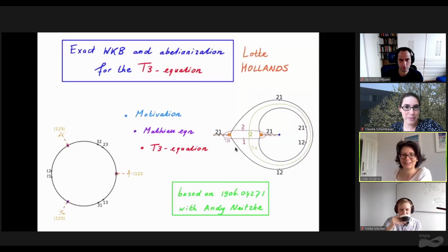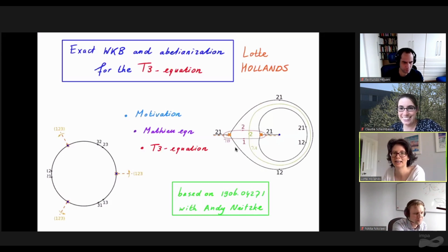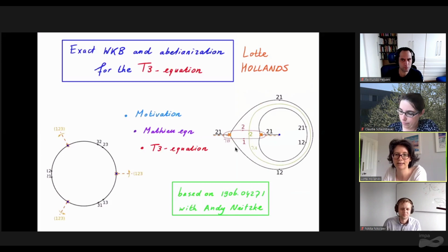So the title of this talk is Exact WKB and Abelianization for a particular linear differential equation of degree 3, which we called the T3 equation in this paper that appeared a while ago with Andy Neitzke.